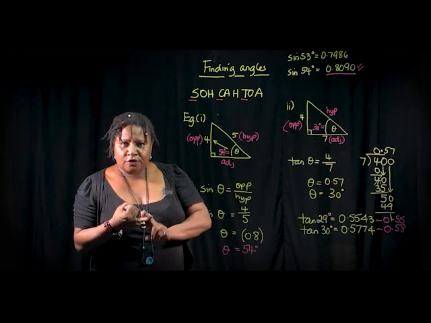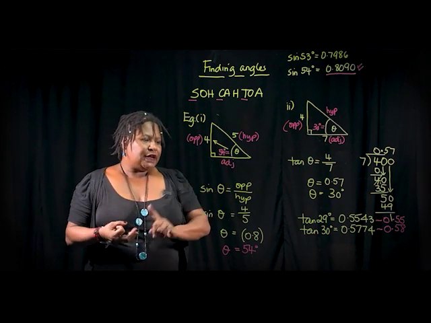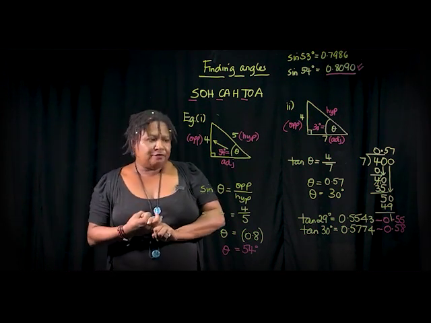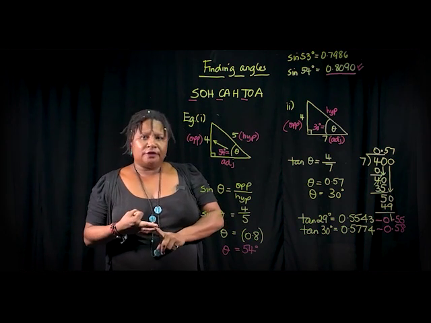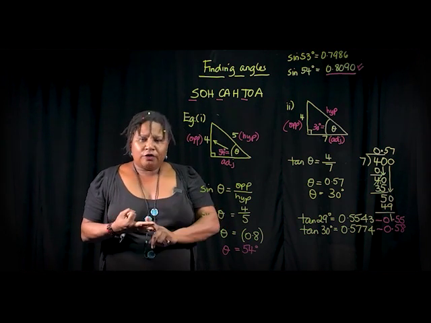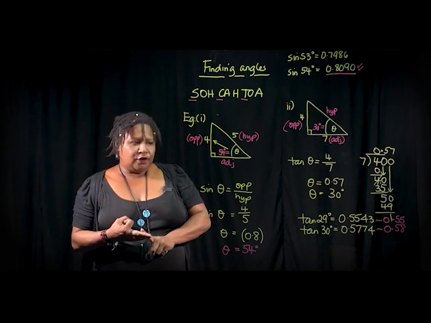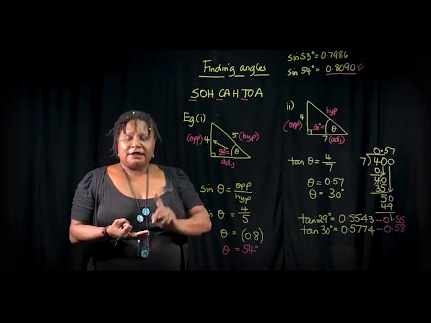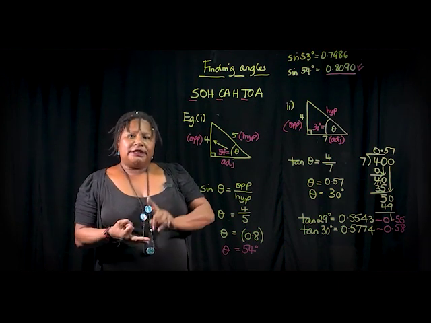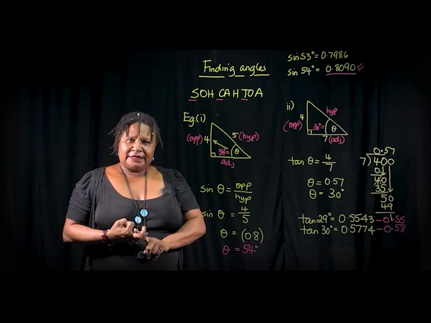You can use the cosine ratio, and you can use the tangent ratio to find the value of an angle. Okay? The only thing here is to be very careful when you are identifying the angle. The closest tangent value gives you the appropriate answer.